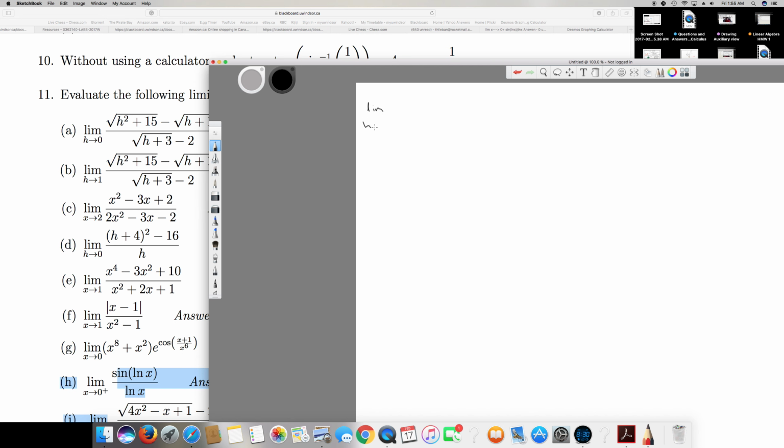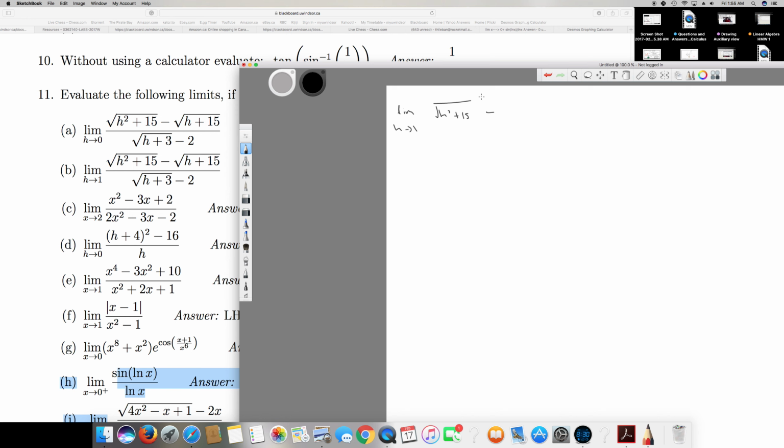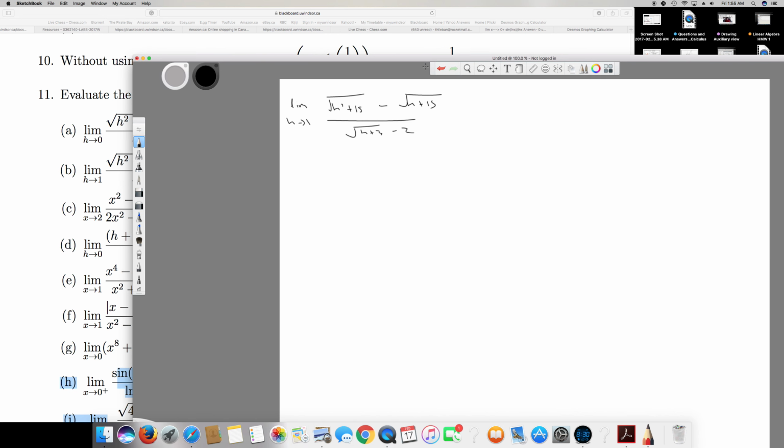Limit h approaches 1 of square root of h square plus 15 minus square root of h plus 15 over square root of h plus 3 minus 2, and now what I have to do is multiply this square root on both sides. It is equal to limit h approaches 1 of square root of h square plus 15 minus square root of h plus 15 over square root of h plus 3 minus 2 multiplied by square root of h square plus 15 plus square root of h plus 15 over square root of h plus 3 plus 2.